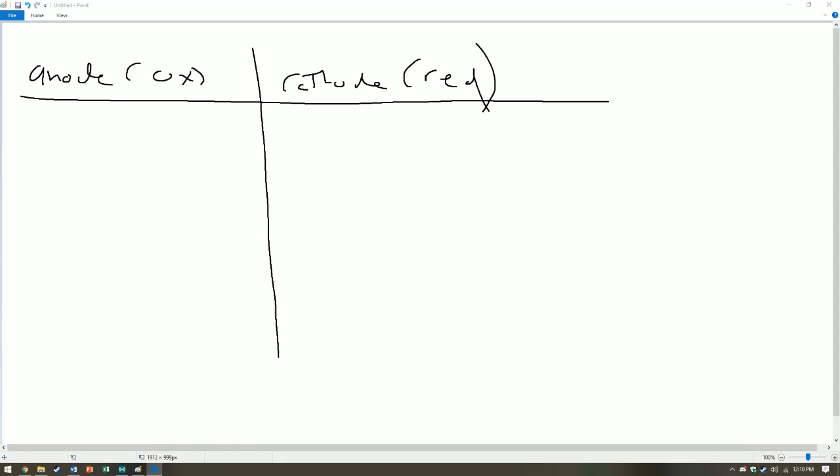So the first thing, let's consider each electrode separately. At the anode, 2Cl minus occurs. At the cathode, we could have lanthanum 3 plus plus 3 electrons reduced to lanthanum.